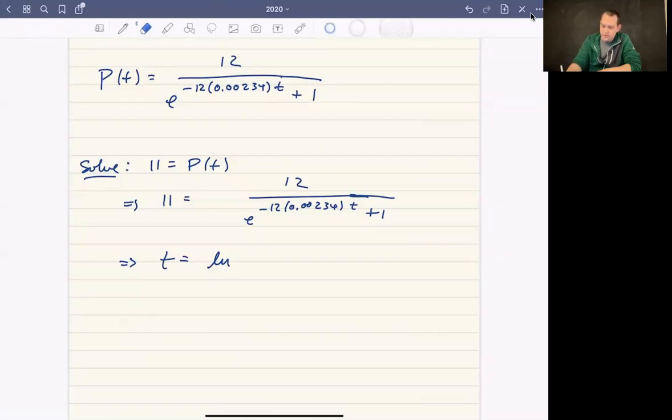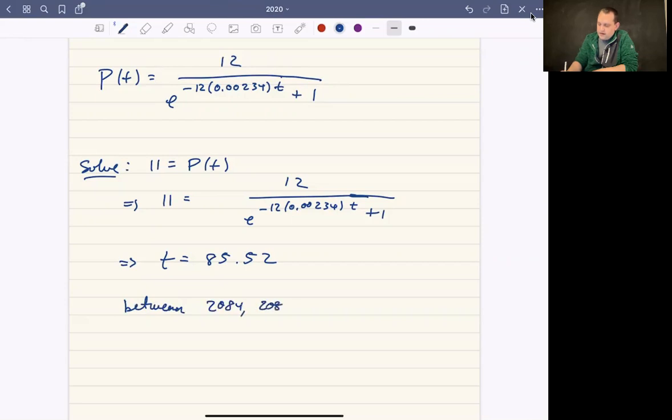I'll leave it to you to check that t is 85.52. So that means somewhere between 2084 and 2085. Around June 2084, according to this model, the population will reach 11 billion.